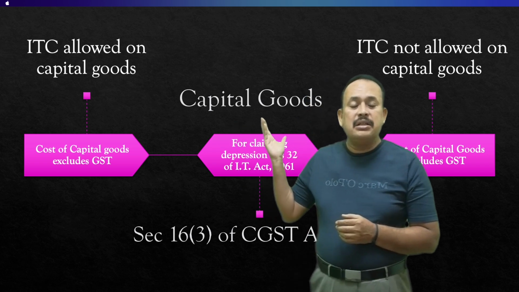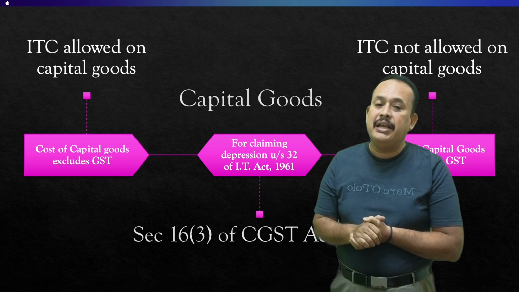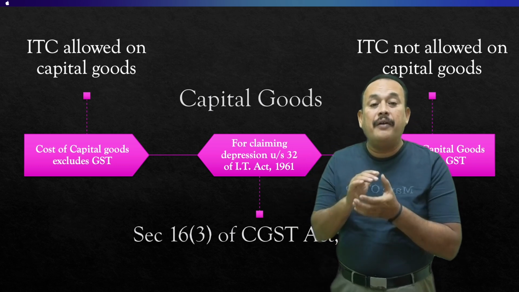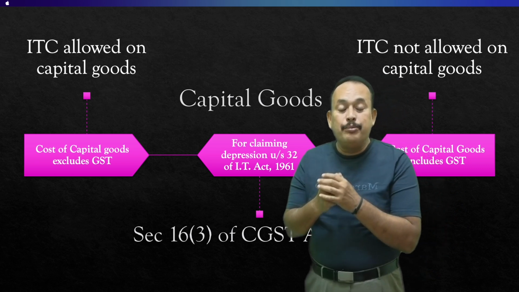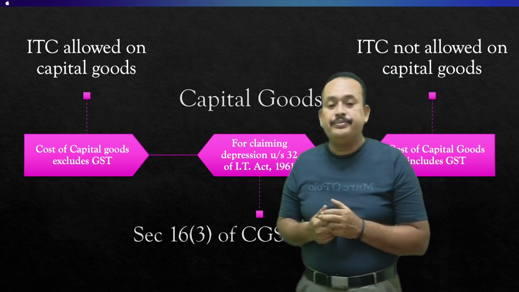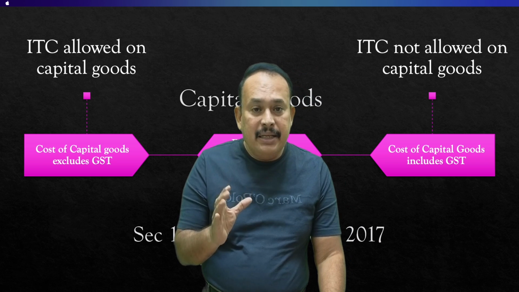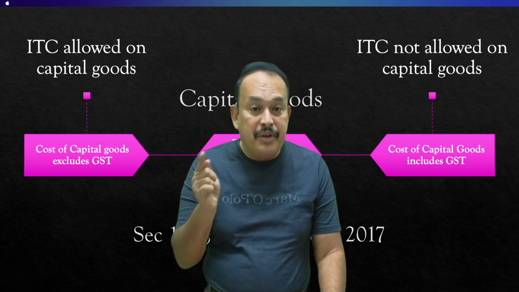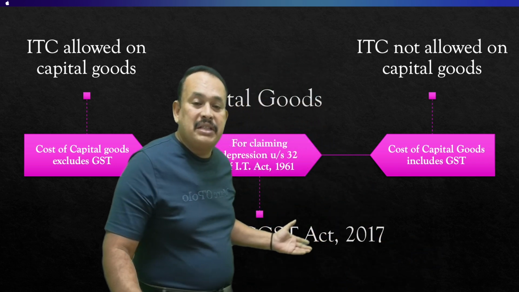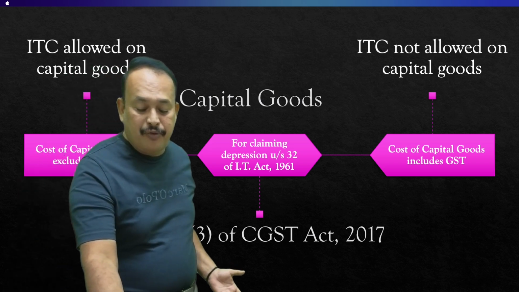Capital goods, as defined under section 2, subsection 19 of CGST, means goods the value of which is capitalized in the books of accounts of the person availing the input tax credit and which are used in the course or furtherance of his business. In that case, capital goods ITC depends upon claiming of depreciation on what value, which I am going to illustrate now. Section 16, subsection 3 in a simplified manner, my dear friends, is as follows.